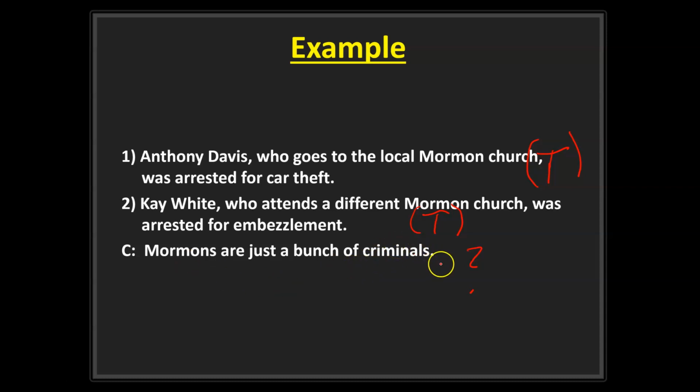Does this conclusion follow with likelihood? And then you would determine whether the argument is strong or weak based on this. And then if you come up with strong, you got to check for cogency. If you decide that it's weak, it's automatically uncogent.